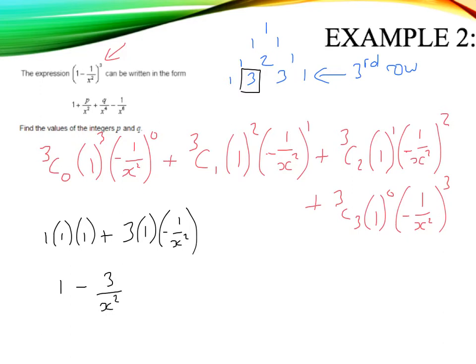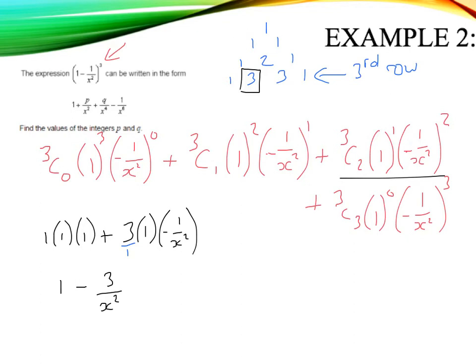Remember, if I'm multiplying something here, I've got a value of 3, I'm multiplying it by this fraction in effect. This is a bit like 3 over 1, if you want to think of it like that. So when I'm multiplying, I multiply my top part, multiply my bottom part, and I'll end up with minus 3 over x squared. Okay, let's move on to the next term, which is this one now.